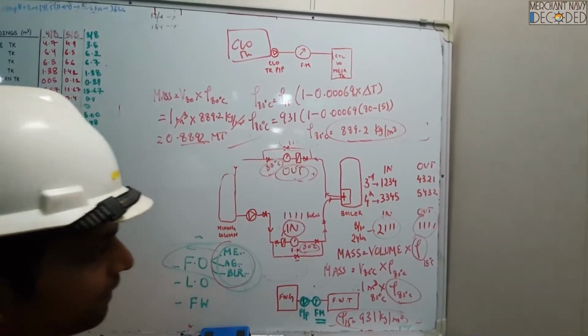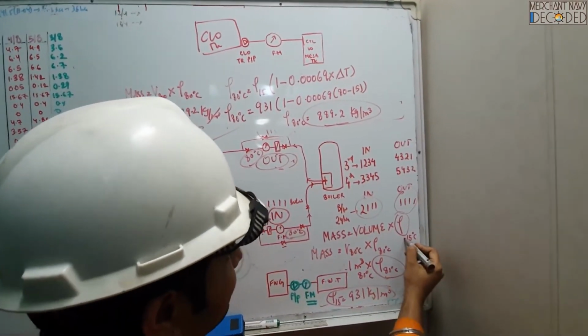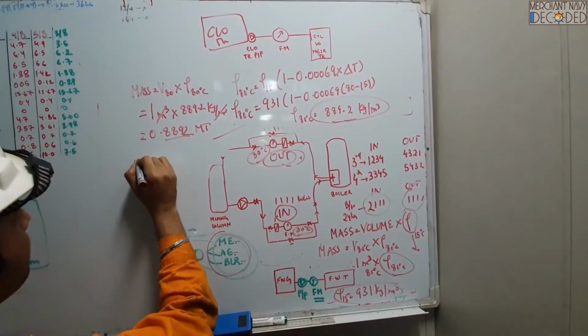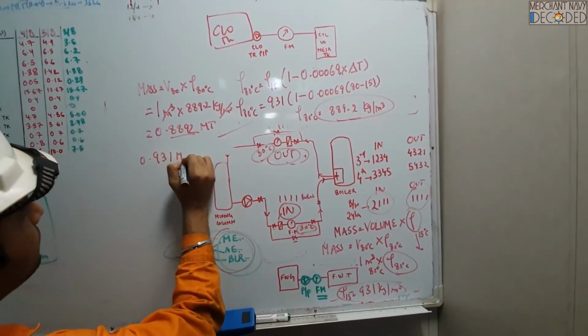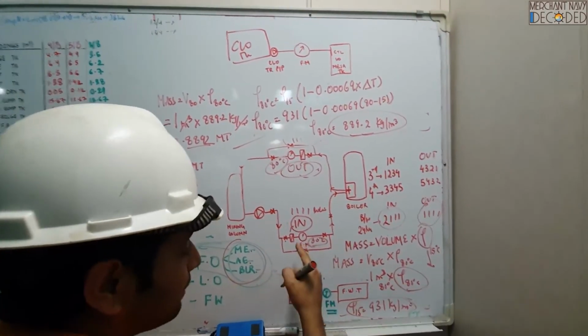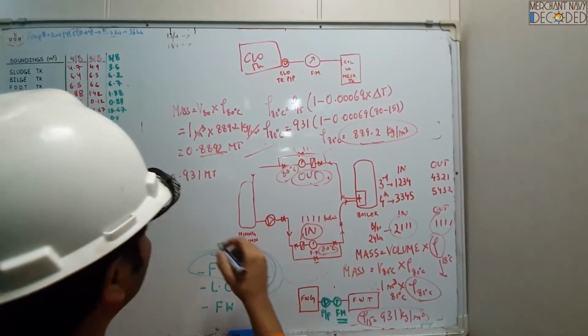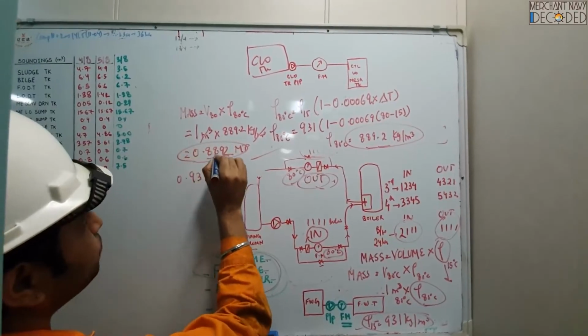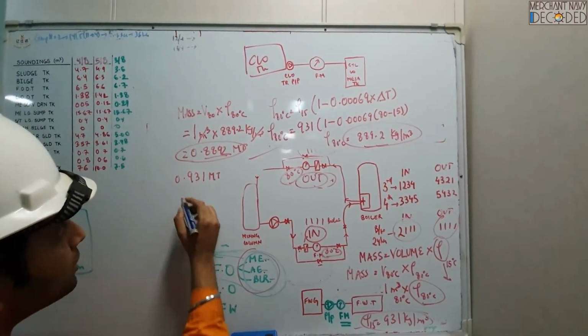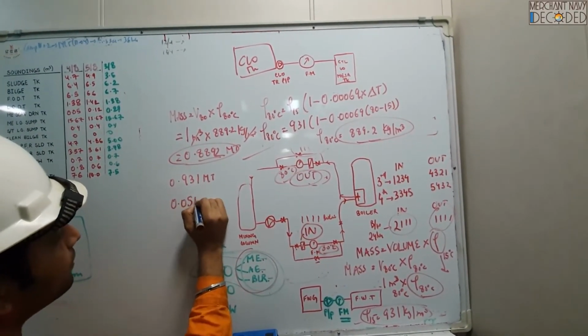Now see, guys, when I had taken density at 15 degree centigrade, this was coming as 0.931 metric tons. But when I have taken the right density, because of the temperature flowing through the flow meter over here, I got consumption as 0.8892. So there is a 0.05 metric ton difference.